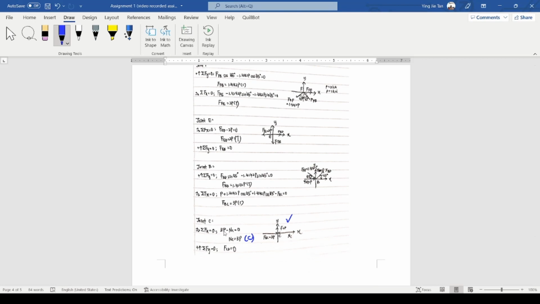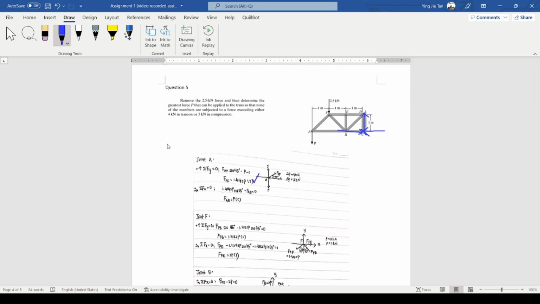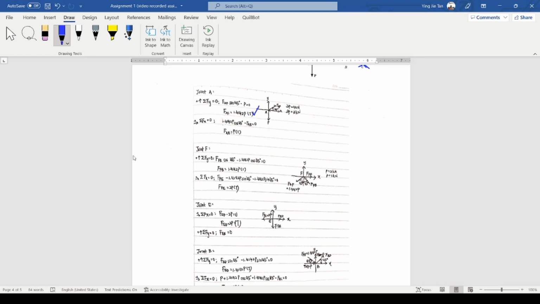FBC equals 3P, so 3P minus NC, because this is the opposite direction. If you put this one positive, that one is negative, equals 0, we will get NC equals 3P, so NC is compression. Since there's only one force in your y, if your Fy equals 0, then your force CD will be 0, so nothing will be here. So that's all for question 5, and then next we are going to question 6.